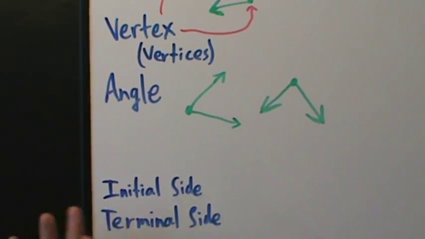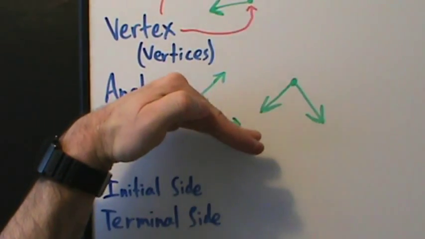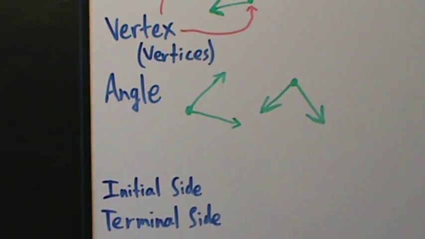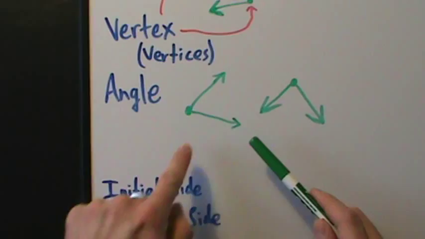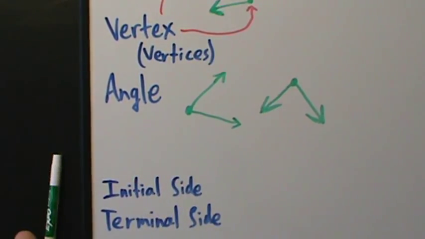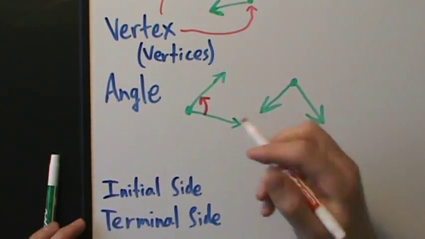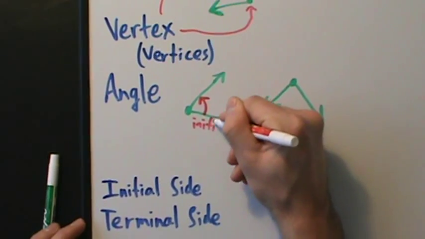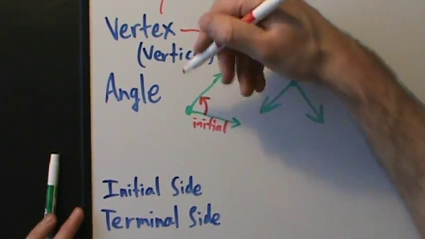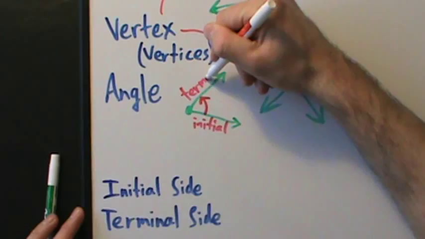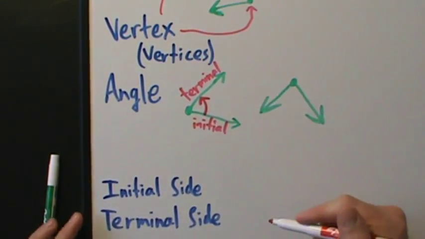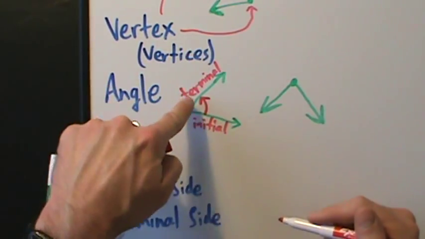Okay, so we also have a concept of an initial side and a terminal side. You can think of angles as rotations, starting at one ray and then ending at another. Let's say we start at this ray here, and then we rotate from this ray up to this ray. Then this would be the initial side right here, and this side would be the terminal side, because the angle starts at this ray and then rotates through up to this ray.